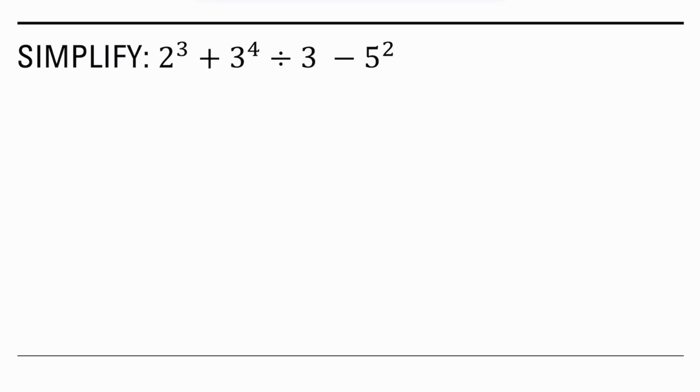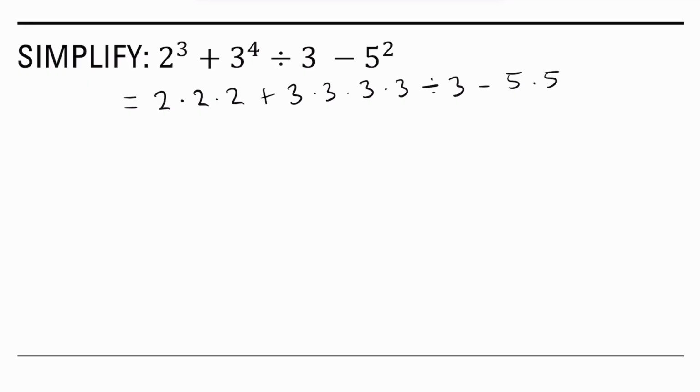So I'm just going to rewrite this in expanded form. So we've got 2 times 2 times 2, plus, and then there's 4 3s. And then we've got divided by 3 minus 5 times 5.